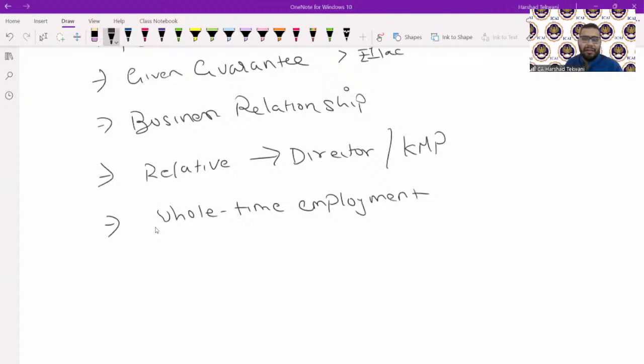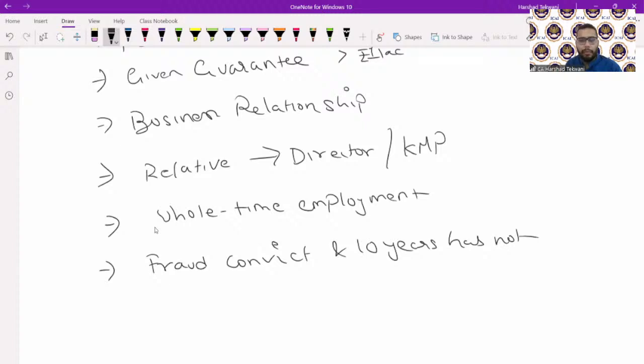Then a person convicted for fraud where 10 years have not passed. Then a person providing services under section 144.